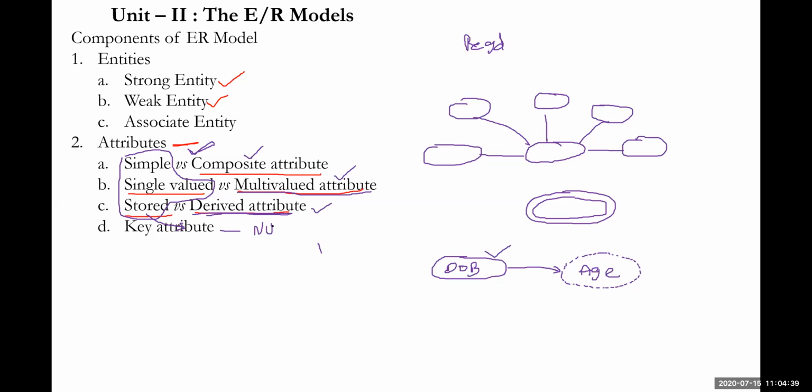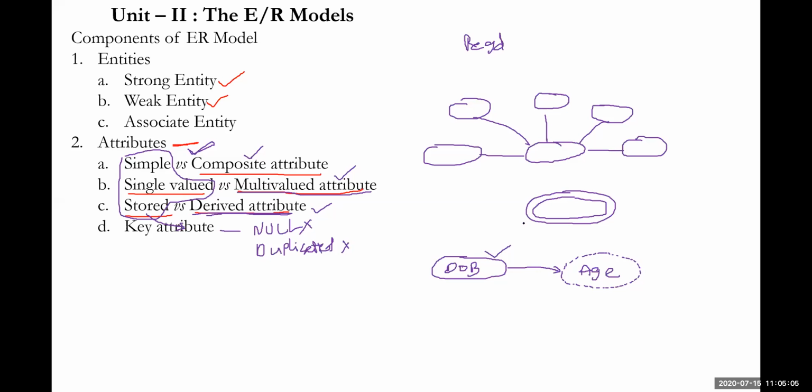Null values will be strictly prohibited, and duplicates are also strictly prohibited. These two are strictly prohibited here. If you enter some value, it must not be equal to previous values, and if you enter a null value, it is also not accepted. That is why it is called a key attribute.